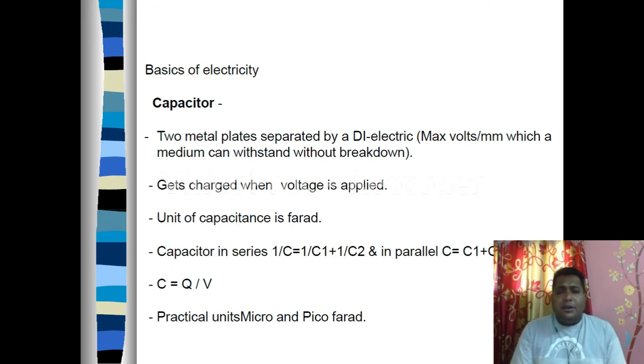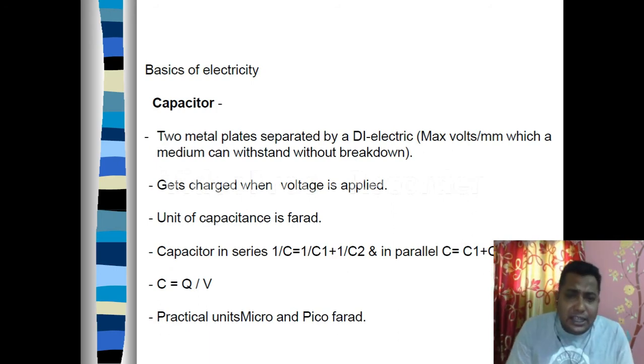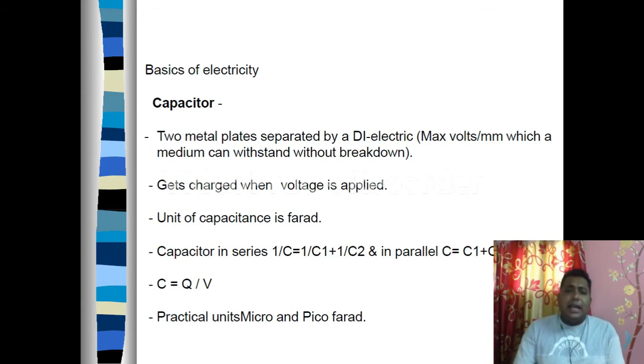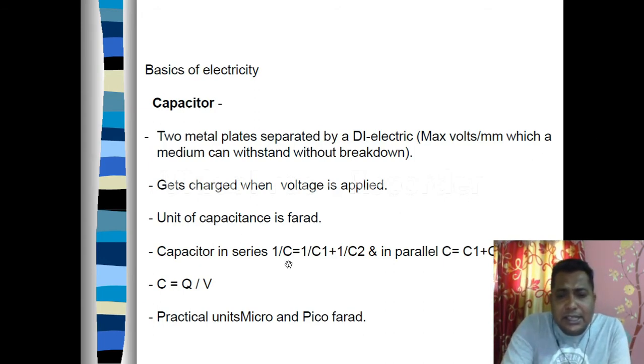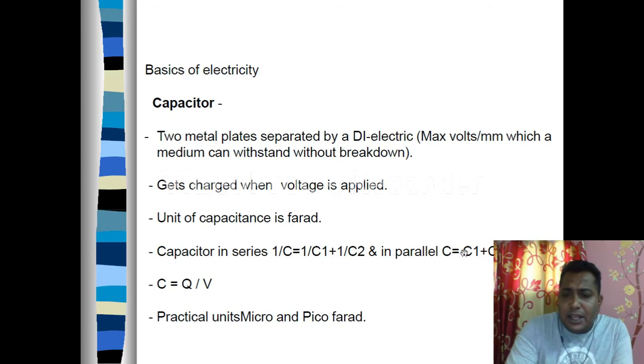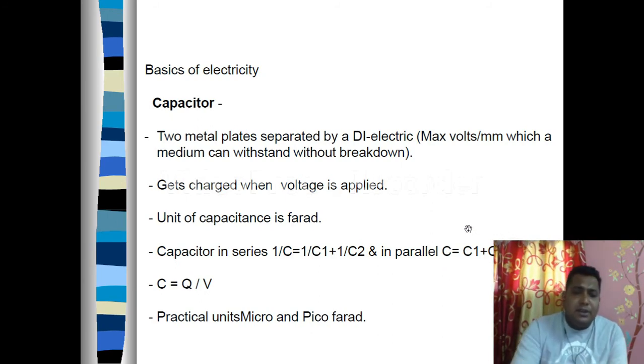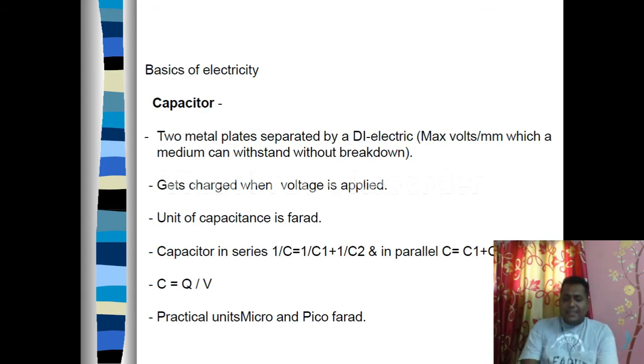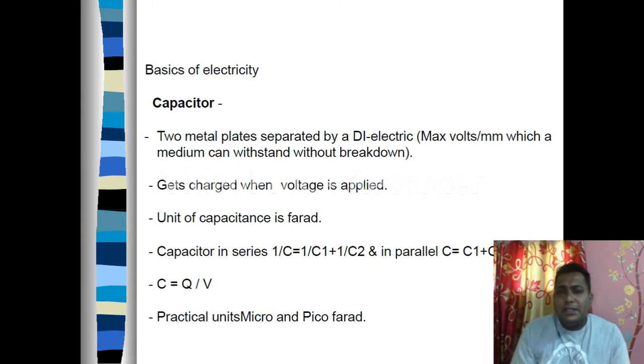If two capacitances are in series, they are inversely added: 1/C = 1/C1 + 1/C2. So whatever the case is for resistance, for capacitors it is totally reversed.